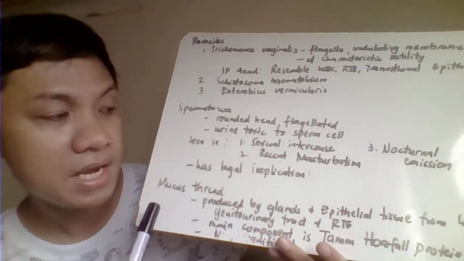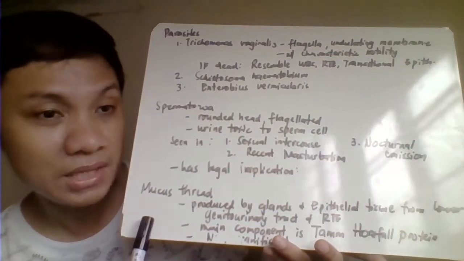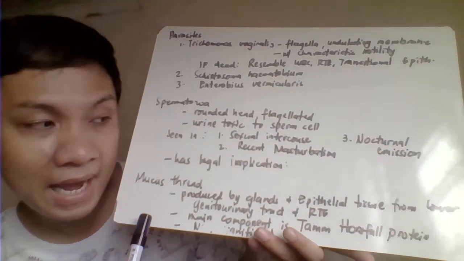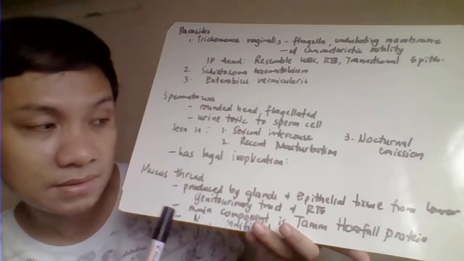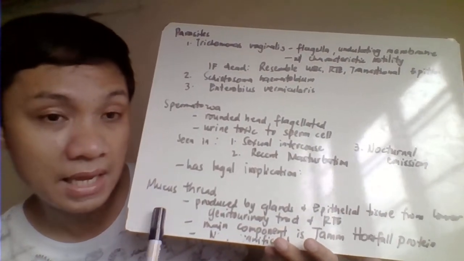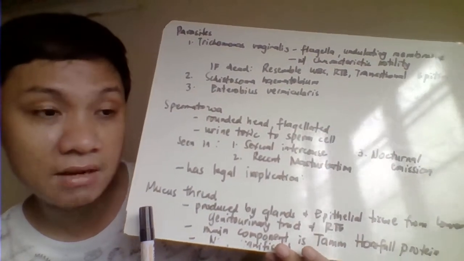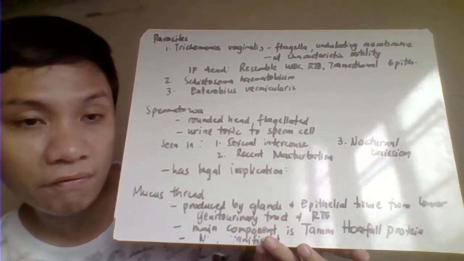Okay, then we have also your mucous thread. The mucous thread is just a protein primarily produced by our glands or even by your epithelial cells of the lower genitourinary tract and even your RTE. The main component of your mucous thread is the protein Tamm-Horsfall protein.